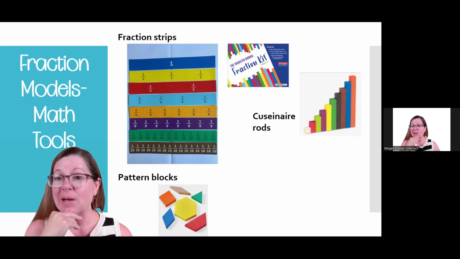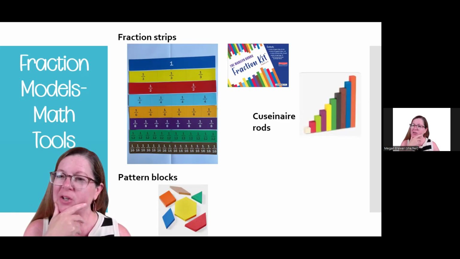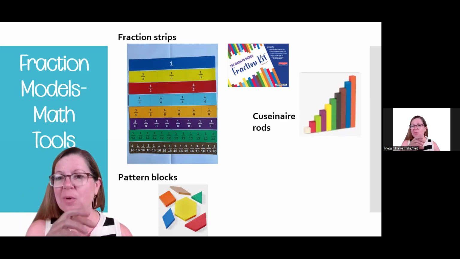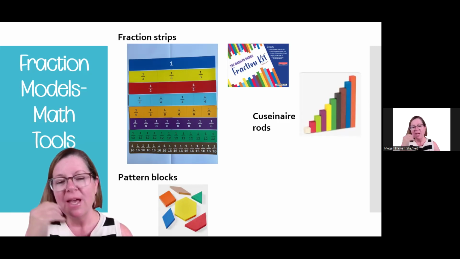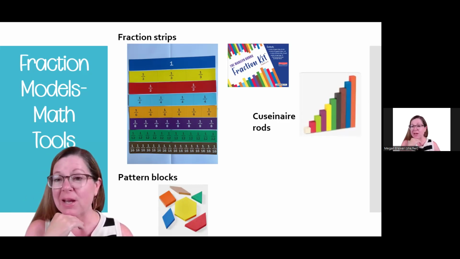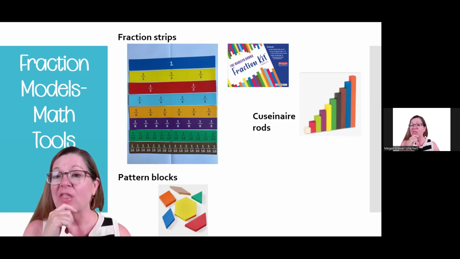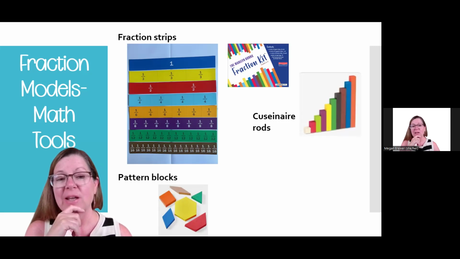So I might even spice it up and say, okay, now let's say that the red trapezoid equals one whole. I wonder how much a green triangle represents. Again, students would have their hands on the tool and figure out that three green triangles fit perfectly on the red trapezoid. So a green triangle is 1/3 of the red trapezoid.